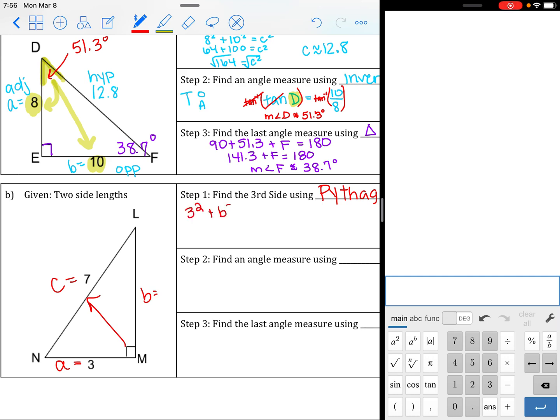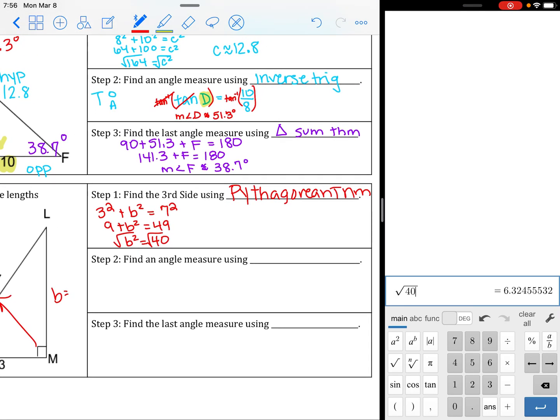So when I plug this in, I have 3 squared plus B squared equals 7 squared. So this is 9 plus B squared equals 49. So B squared is going to equal 40. So I need to find the square root of 40 to find that side length.